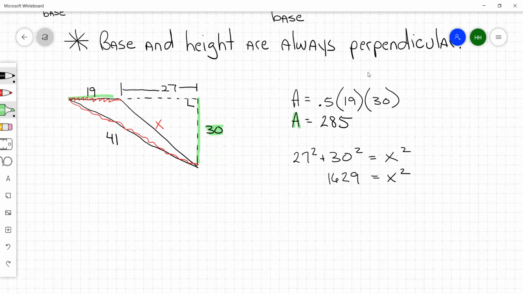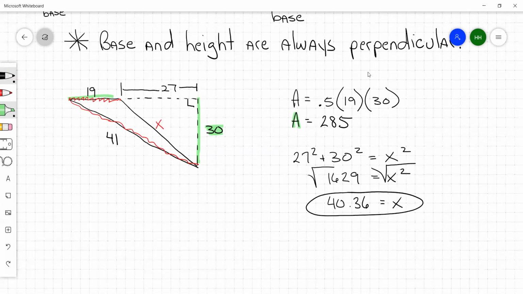So 40.36 is equal to x. All right, we got that by square rooting both sides. All right, so in that case, we found the area and the perimeter.